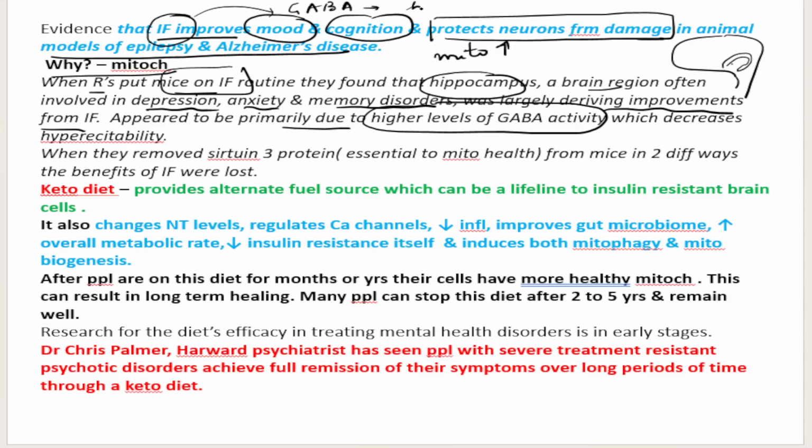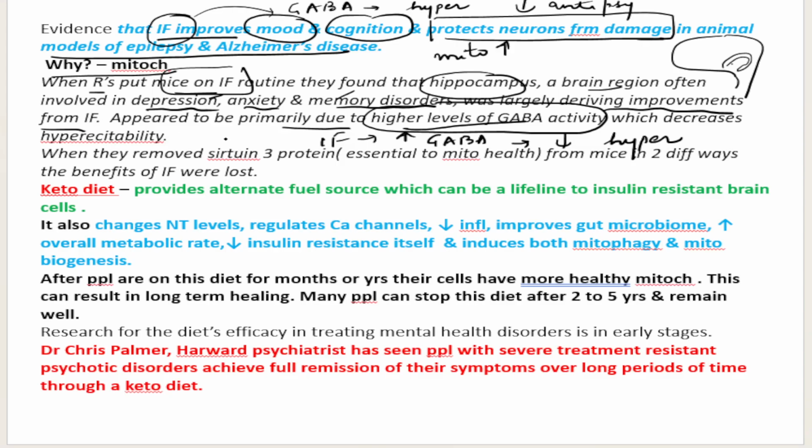It inhibits the hyperactive cells. So it reduces hyperexcitability in the cells, and it has an anti-anxiety effect and an anti-psychotic effect. So intermittent fasting is promoting high levels of GABA activity, which is reducing hyperexcitability. So this is reducing depression, anxiety, and memory disorders.